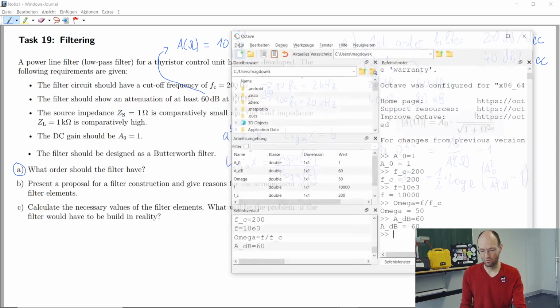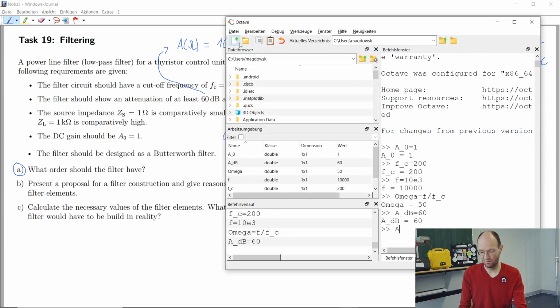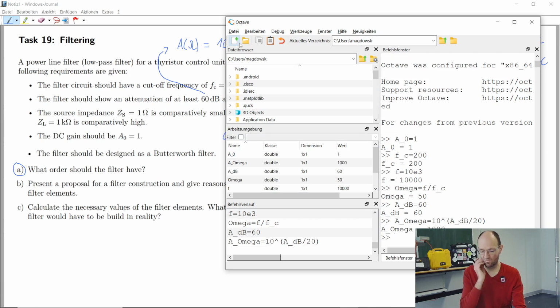Okay, so A dB is 60, this A of omega is 10 to the power of A in dB divided by 20. And so then we get a factor of 1000. This is something that we could have also calculated in our head, but okay.